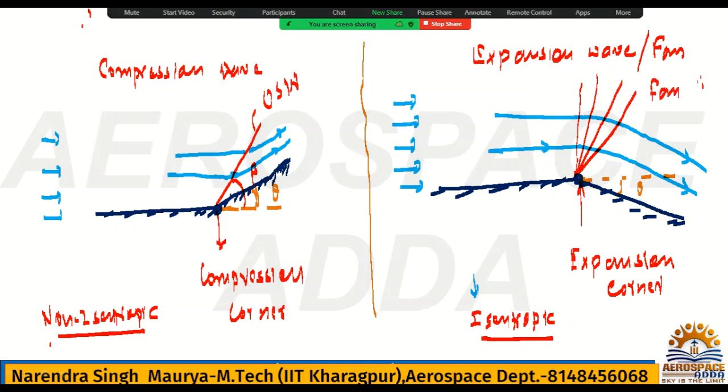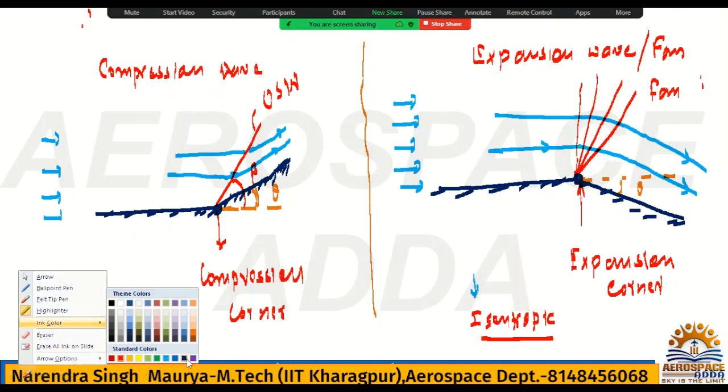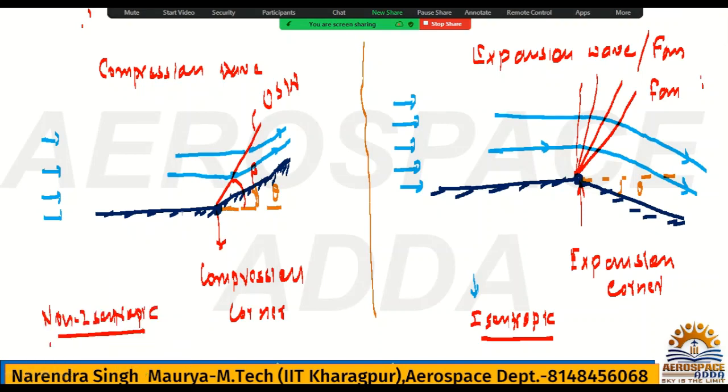Okay, so compression corner, in the sense, if you check, when a compression corner is formed, you measure from this. Just take this is the angle from here.